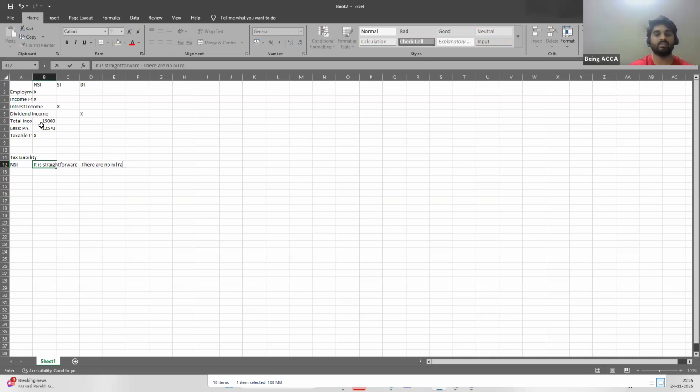Do we have any nil rate bands for non-savings income? No, there are no nil rate bands. So first calculate the tax liability for non-savings income, then move to the savings income. When you move to the savings income, always remember that the nil rate bands available will affect your bands.